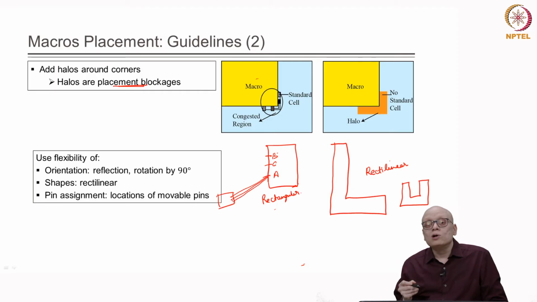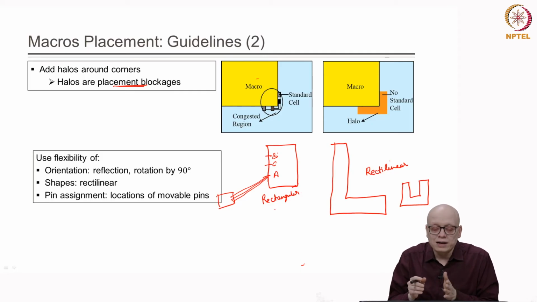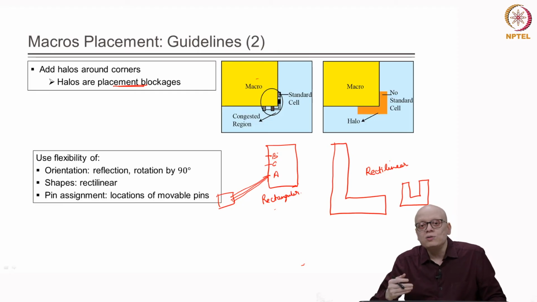So, we can also try different pin assignment after doing floor planning to improve the QoR. For example, in this case the length of the wires can probably be reduced by trying out different pin assignment, right.